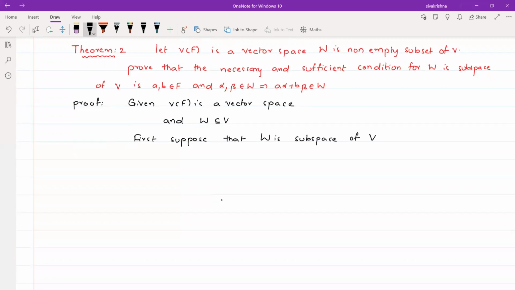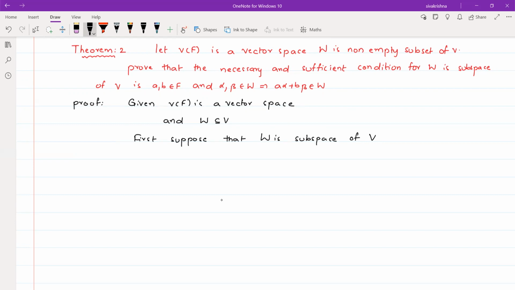So according to the definition of subspace, if you want to say a non-empty set is a subspace of the vector space V(F), first of all it should be a subset, and after that it should be a vector space. It means whenever you are saying that W is a subspace of V, then W itself is a vector space. That is by the definition of subspace.